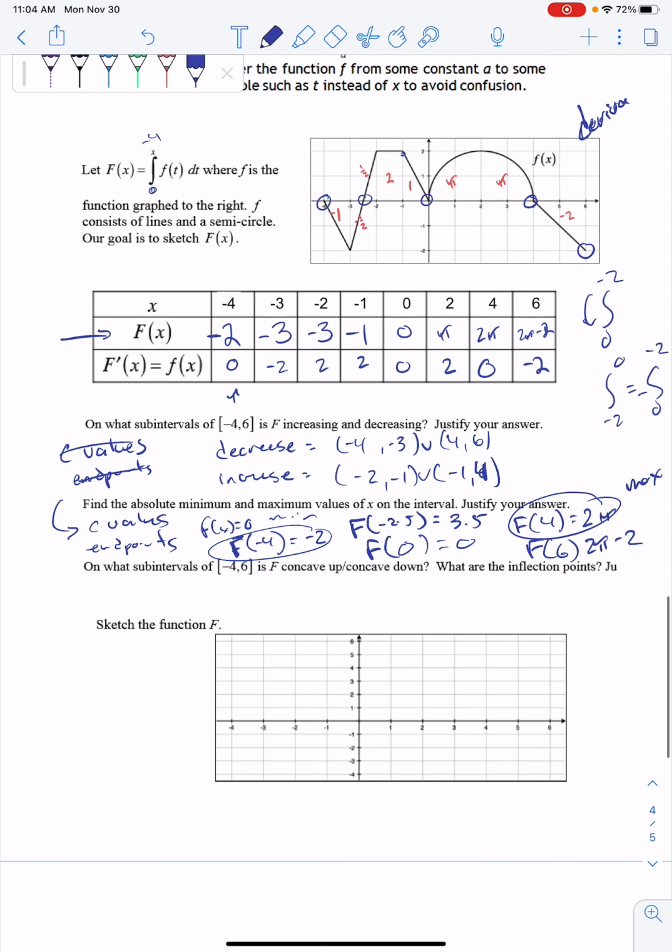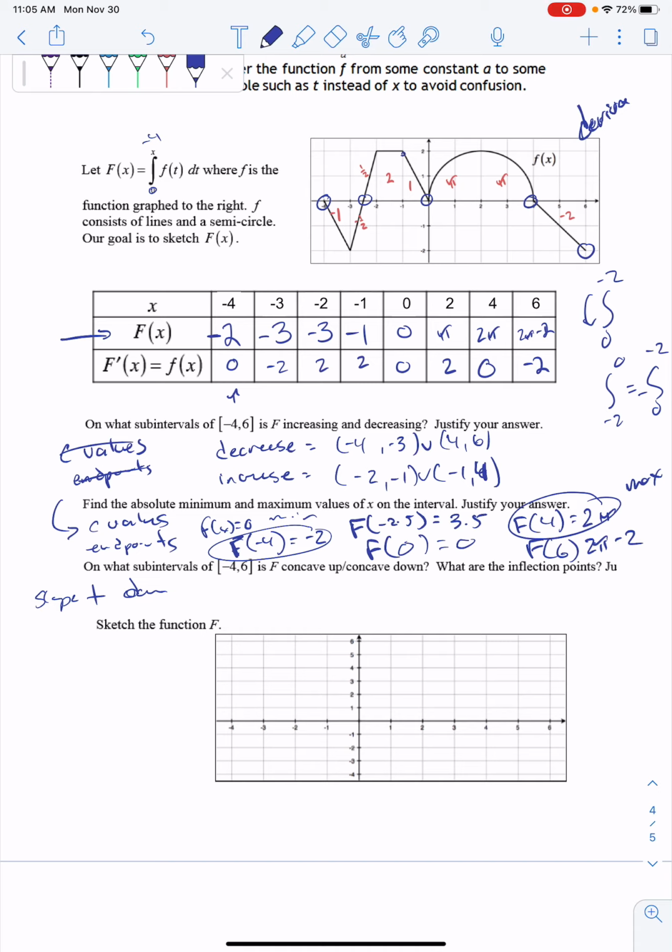All right, on what subintervals of negative 4, 6 is f concave up and concave down? So we've got to look at the second derivative, remember, for concave up and concave down. Really, I'm just looking at the slope of my derivative. So if my slope is positive, then it's concave down.